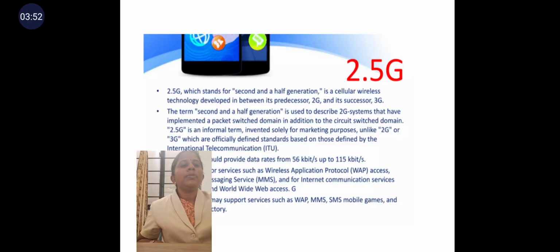It is a predecessor of 3G and a successor of 2G. It is mainly used for marketing purposes, and the standard involved in 2.5G is from the International Telecommunication Union. It has a data rate of 56 kilobits per second up to 115 kilobits per second, and it has services such as wireless application protocol, messaging services, internet mobile communication services and World Wide Web access. It also supports services such as WAP, MMS, SMS, mobile games and so on.